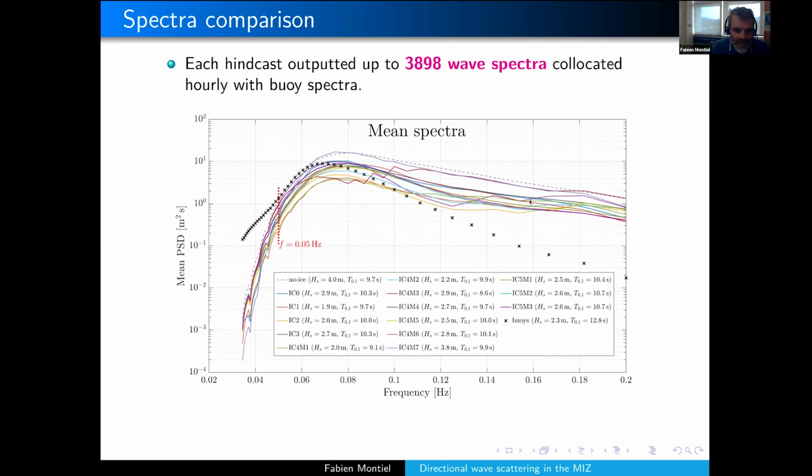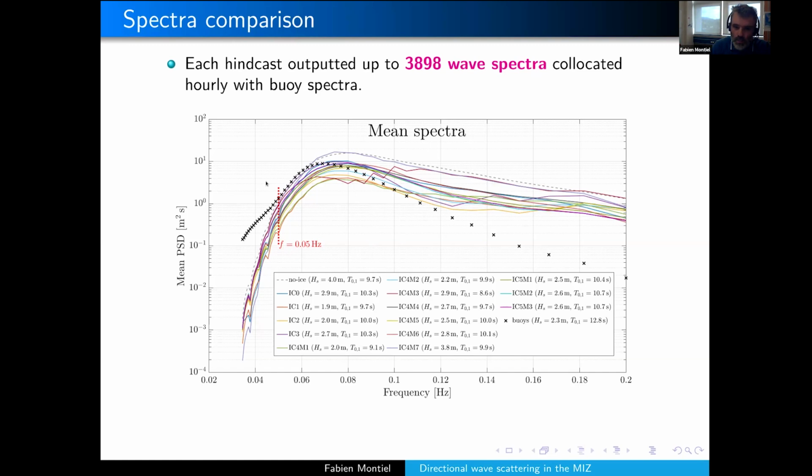But what we can see here already is that there's clear biases both at low frequency and high frequency. It seems at low frequency the model seems to significantly underestimate these spectral values here, but at high frequency, it's the other way around. The model seems to overestimate spectral amplitudes.